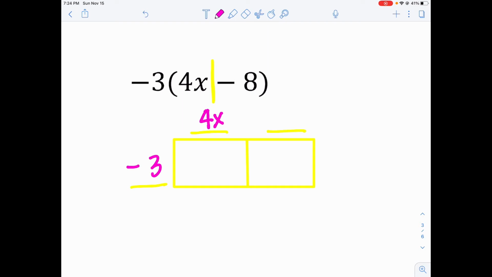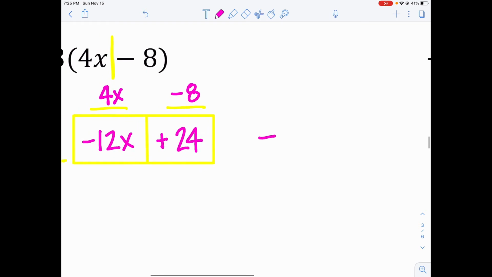And a -8 goes above the second box. -3 times a positive 4 is a -12, and we keep the variable x. So -3 times 4x is -12x. A -3 times a -8, a negative times a negative is a positive, and 3 times 8 is a positive 24. Writing my expression off to the side, -12x plus 24.